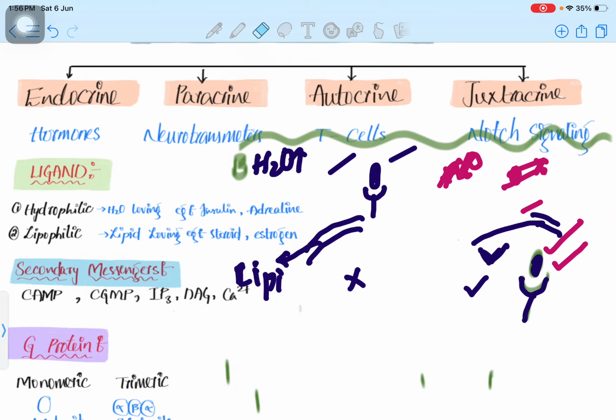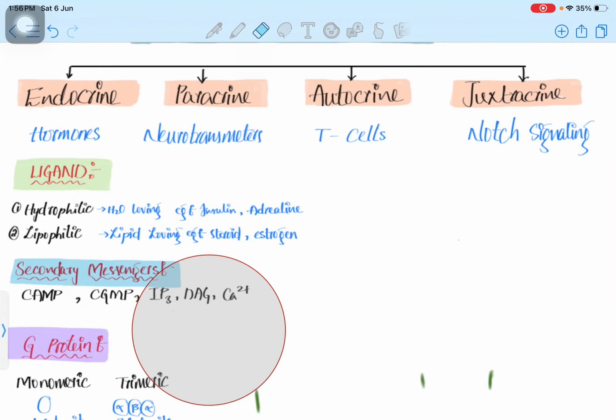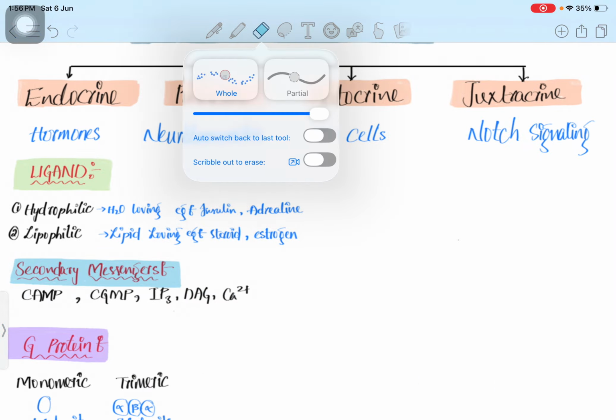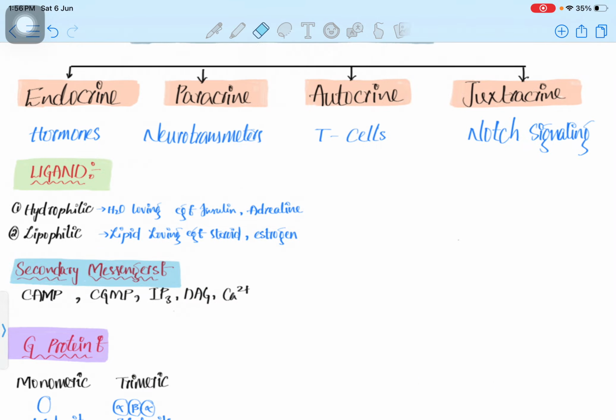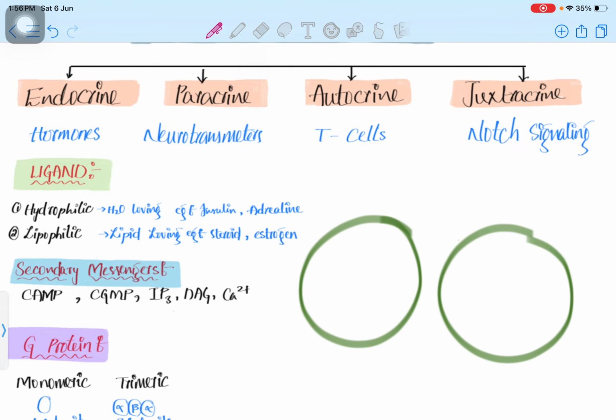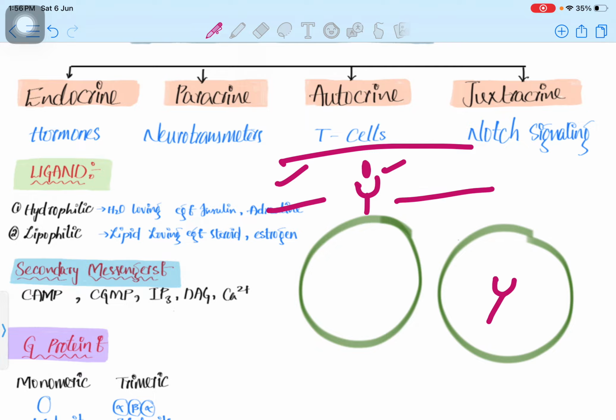In general, I can say in both conditions there are two cells: one cell has the receptor on the plasma membrane, another has the receptor inside. This one can stay outside because the water is present outside, so the water molecule can interact.